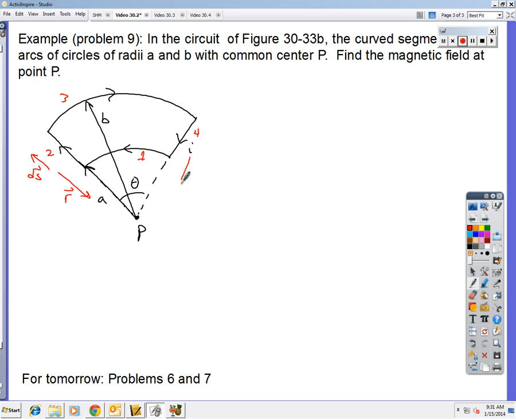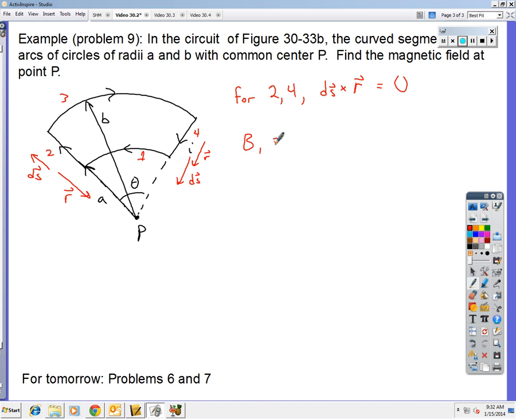Whereas for wire 4, ds and r point in the same direction. But since we're doing a cross product between ds and r, both of those end up being 0, because when you have the cross product of 2 parallel vectors, that ends up being 0. For 2 and 4, ds cross r equals 0, and so the fields of those 2 segments are nothing.